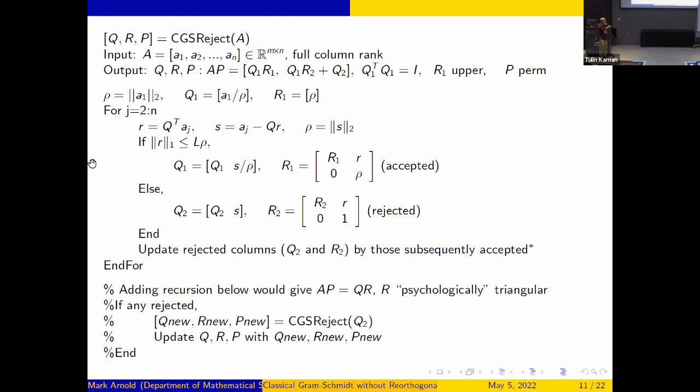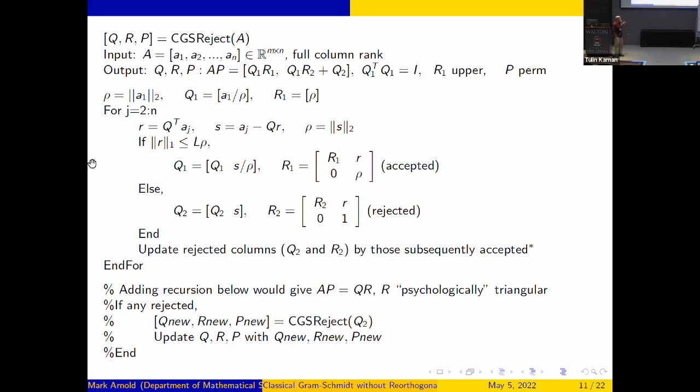But if I pass this reorthogonalization step, then I'm going to increase the size of my block. So I'm going to add a column to the current Q1 and then update the R matrix also. But if I don't, I'm going to reject this S vector that I've computed up here. I'm not going to divide by the norm, and I'm going to update the R matrix.